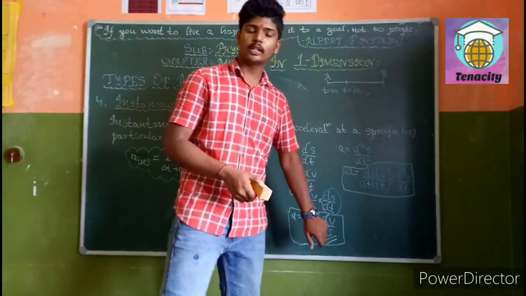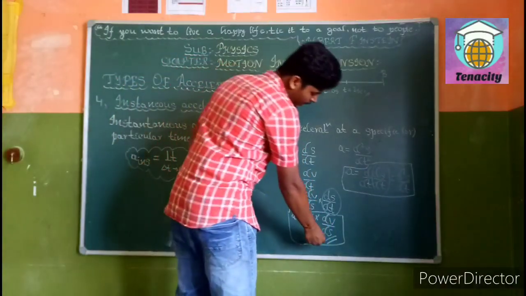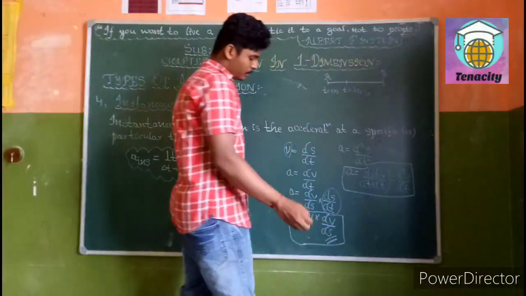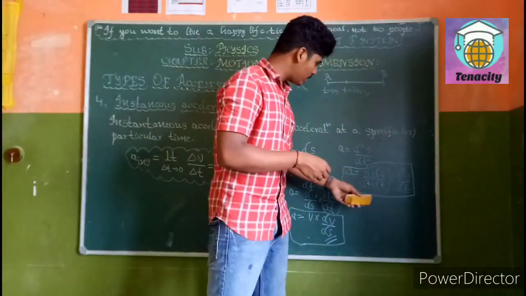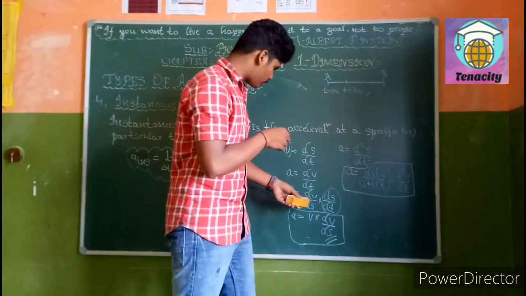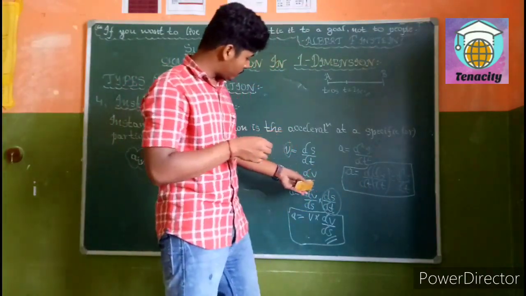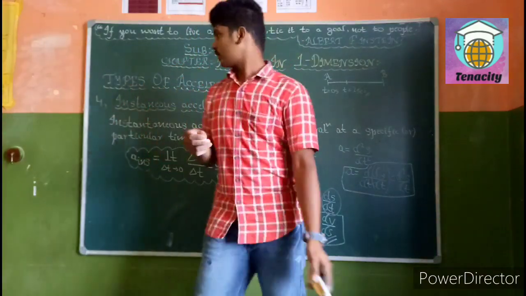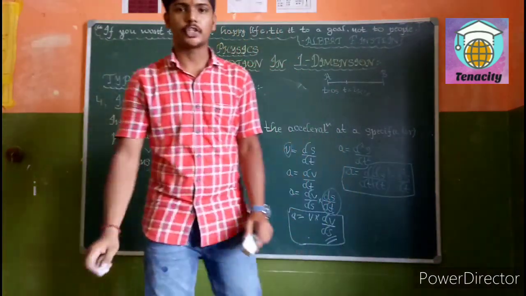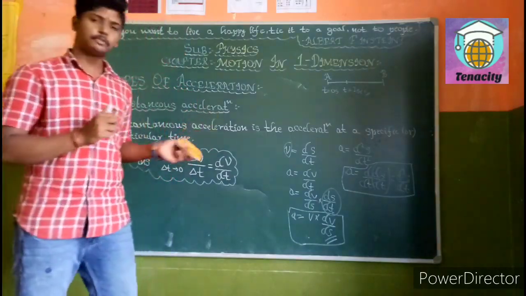I hope you are clear with this. So when the velocity is given as a function of displacement, you use this formula. When the velocity is given as a function of time, you use the other formula. So this is the instantaneous acceleration. I hope you are clear with this.